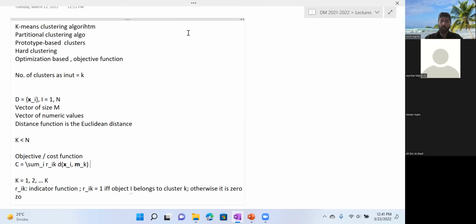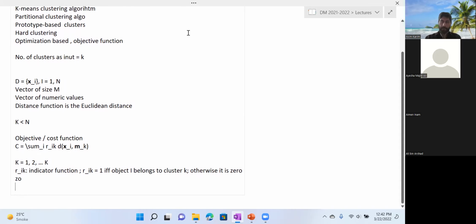So it's a sum over all objects, and we are counting the sum of the distances of each object from its mean. Okay, I did not define m. So m k is the mean of cluster k.